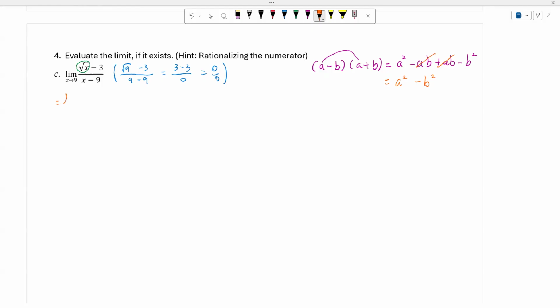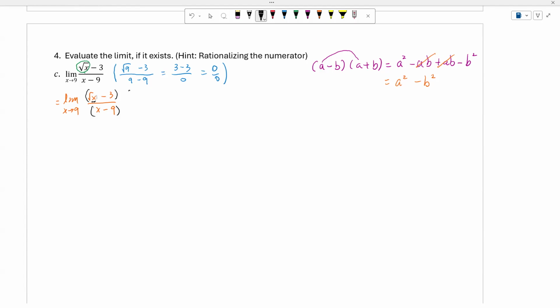So in this case, what I need to do is look at the expression that I have. If it contains the square root, then this is the one that we need to work with the conjugate pair.